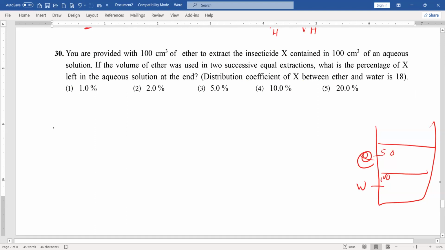They're asking about the amount as a percentage. Initially we have 100 units in the aqueous layer. From the aqueous layer, if x amount is migrated, you have x here. Normally, this insecticide is more dissolved in ether than in water. Normally, it has to be that way.